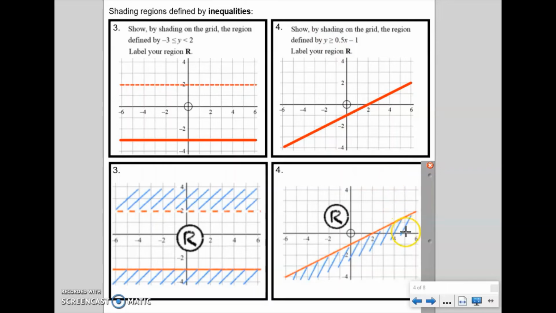Then I've chosen a coordinate and worked out if that coordinate satisfies the inequality or not. All the coordinates under here do not satisfy the inequality, so they're shaded in. And the coordinates in this region do satisfy the inequality, which is why I've labeled them R.